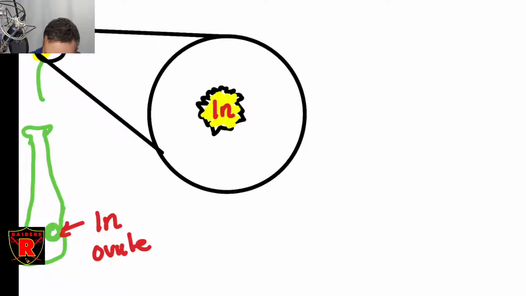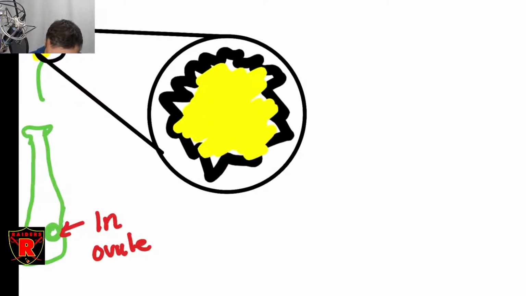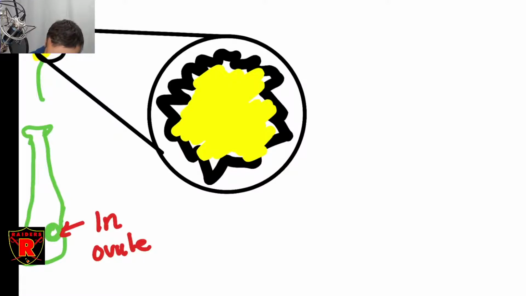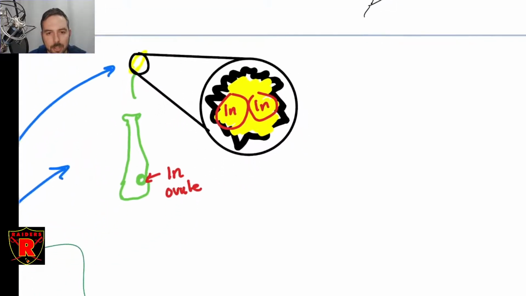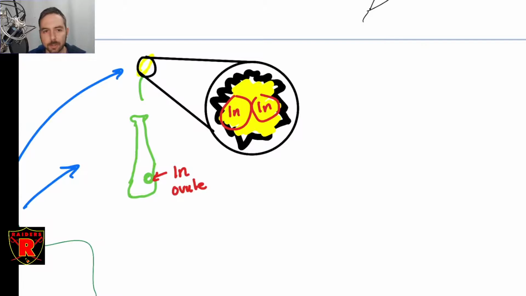Let me zoom way in on the pollen, and say there is a 1n over here and a 1n over here. There are two 1n gametes inside the pollen. This is a very common configuration.